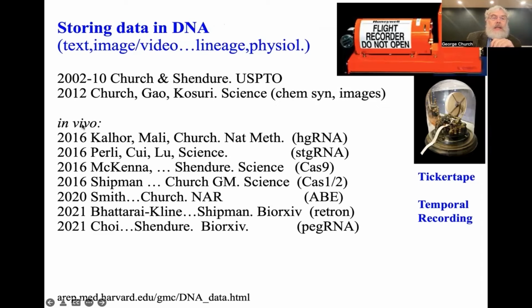Then a whole series from 2016 to the present, using CRISPR and guide RNAs, or Cas1 and 2, which is a different recording system, and most recently, the A to G base editor, which has lowest toxicity and can be used at highest density. These are sometimes called a molecular flight recorder or molecular ticker tape. This is all for temporal recording of information.